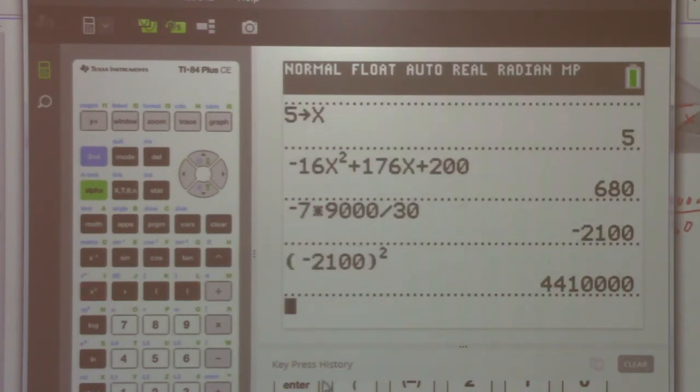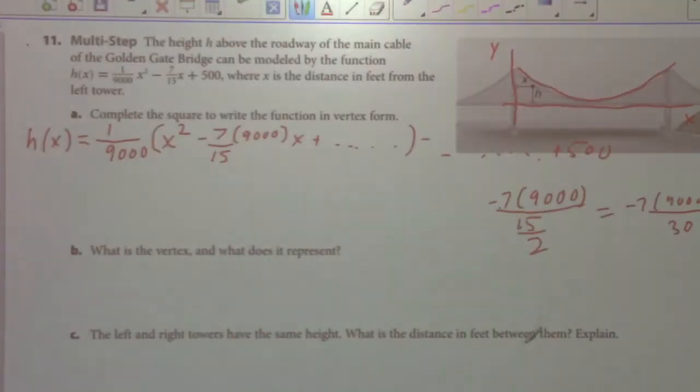So we get 4,410,000. So here we are, 4,410,000. And what do we put out here?